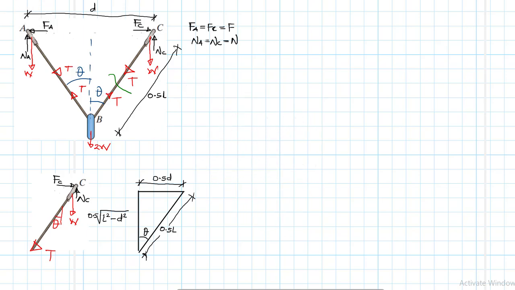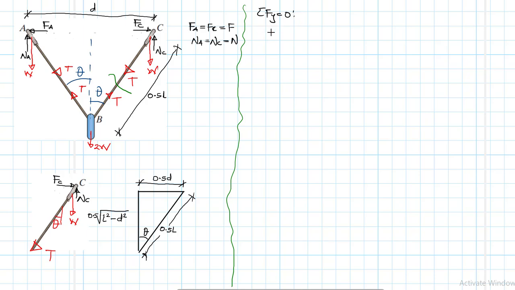So we have all the information that we need. Then we can apply the equations of equilibrium. Let's do that quickly. The summation of forces in the y direction equals 0. What do we have?